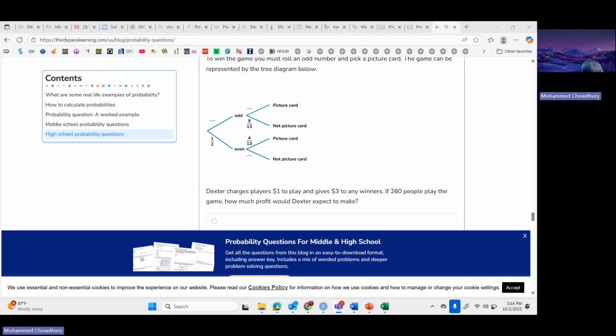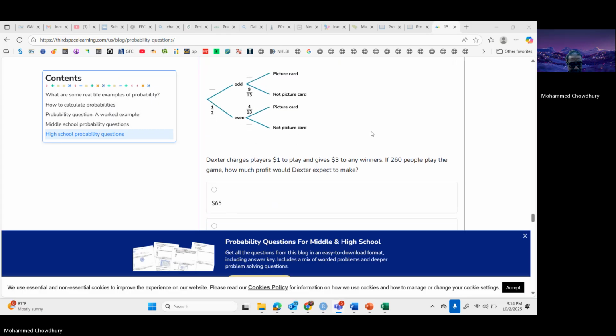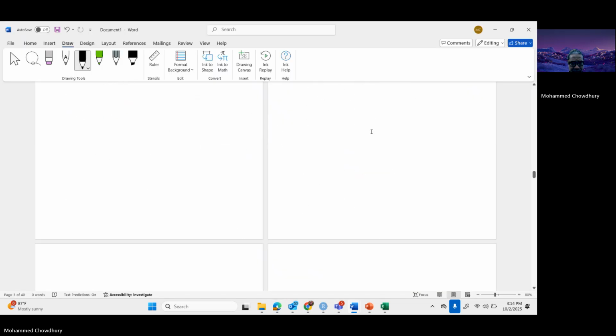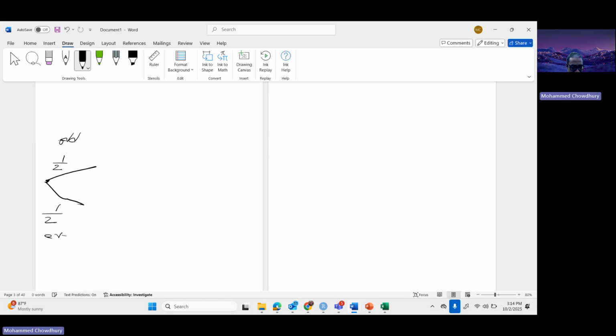Okay, so let me connect the line. So this is half for the odd, and half for the even, right?